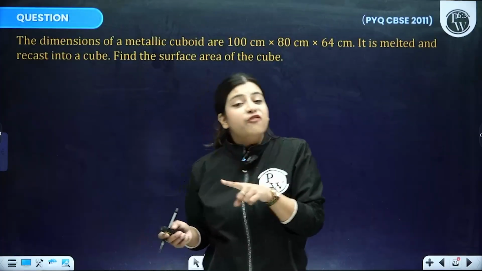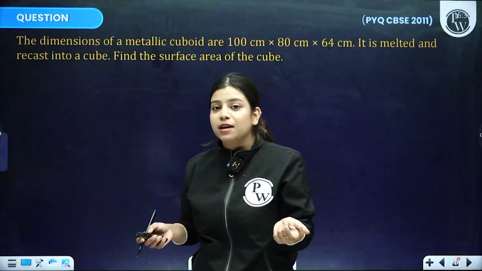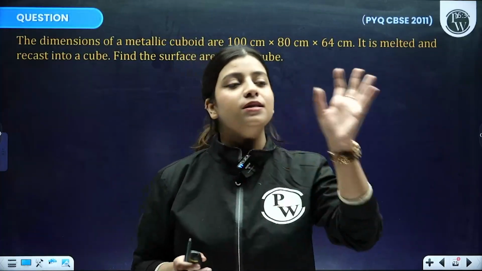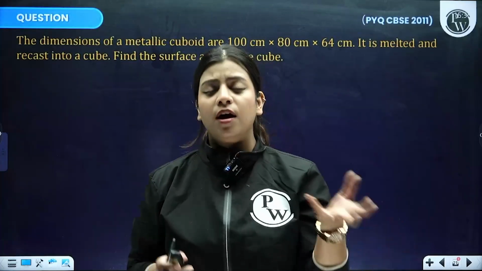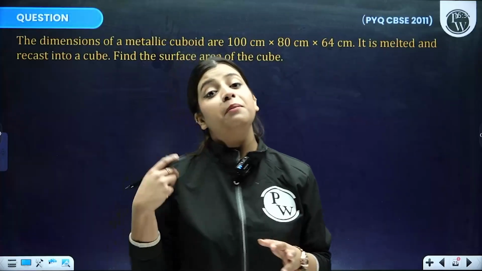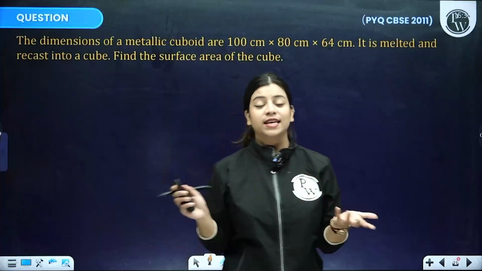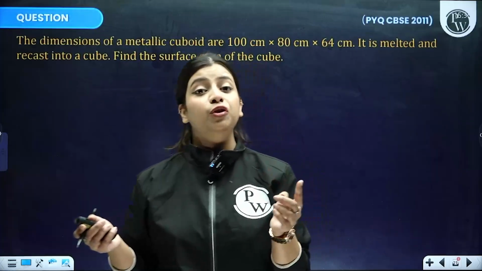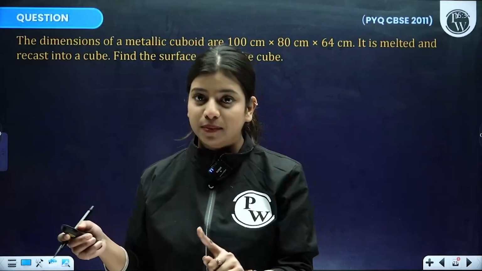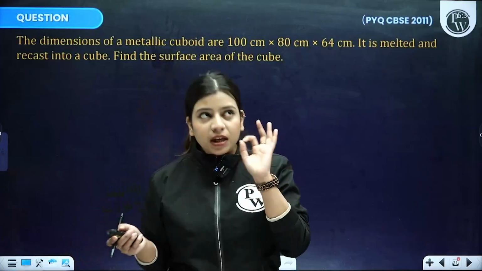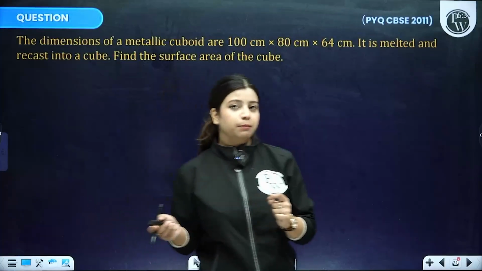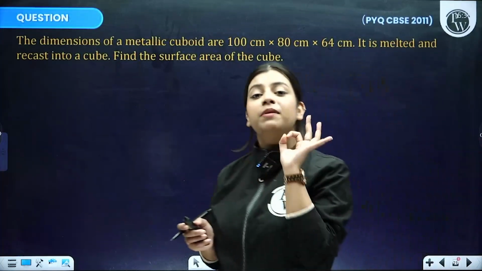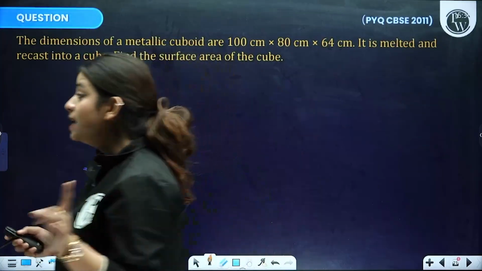The shape will be different, but what is same in both the cases? The shape is different now, but the clay which I have used is same. That means the volume is same. So whenever there is a concept of melting and recasting, people, you just have to think that the volume of both the things is same.